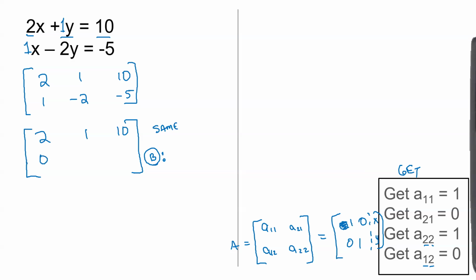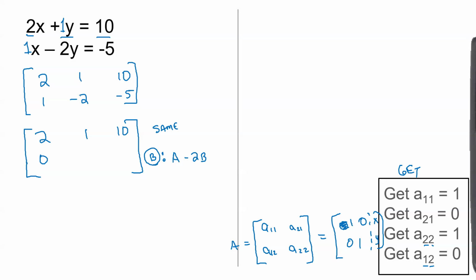I've got to get a 0 there, so we might as well do that. A minus 2 times B. I'm going to take whatever's in A and subtract 2 times this number. The 2 minus 2 times 1 would give me the 0. Do that same thing all the way across.